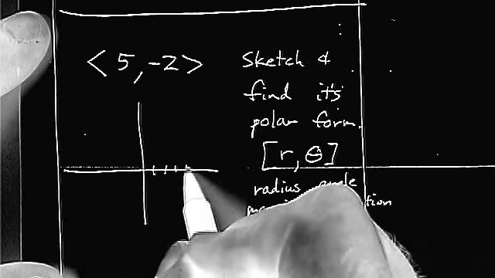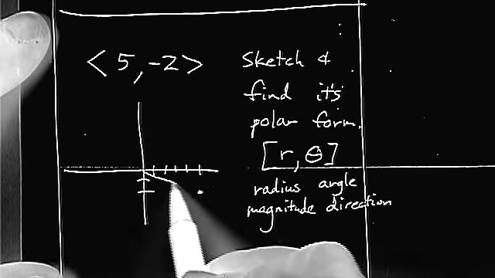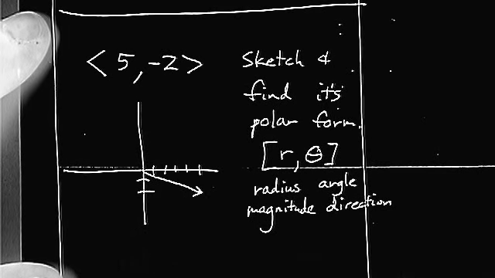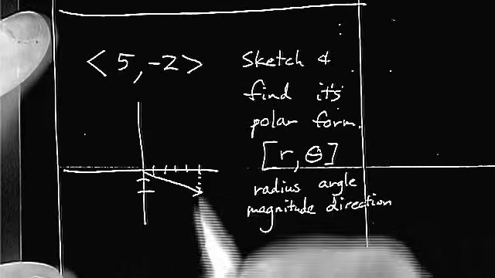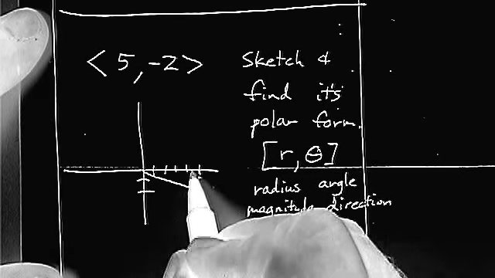We got 1, 2, 3, 4, 5, 1, 2. So right there is our vector. We've talked about how you can look at it as a right triangle.